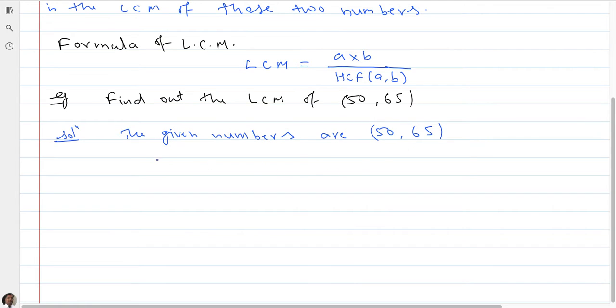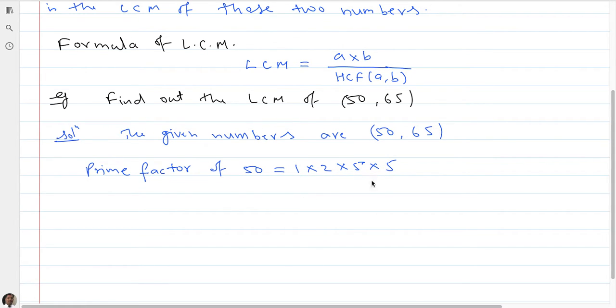See here, if we write 50 in the form of prime factors, the prime factorization of 50 is 1 into 2 into 5 into 5.